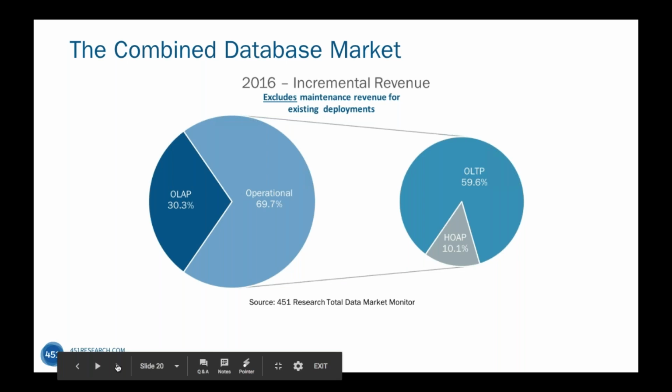And if we extrapolate forward, based on our models, what our end users tell us in terms of the applications they're looking to deploy, the workloads they're looking to run, the databases they're looking to run, then we see that by 2021, this is where we get this figure I talked about earlier, close to 31% of the overall database market, for new database revenue, could be attributable to hybrid operational and analytic processing.